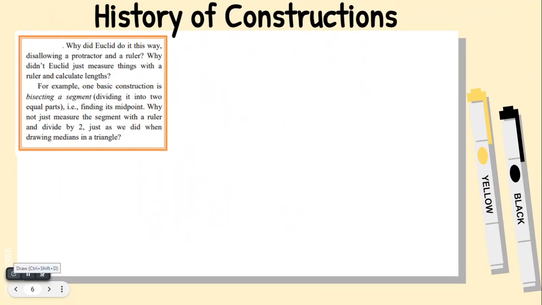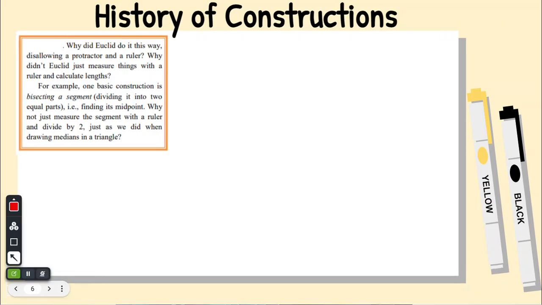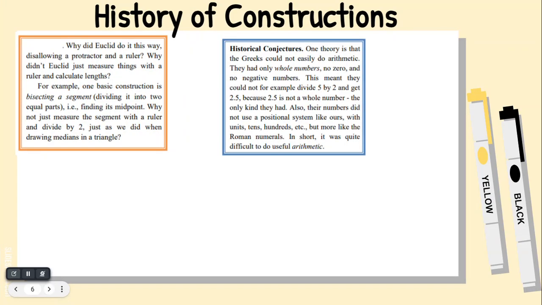So why did Euclid do it this way, not allowing us to use a protractor or a ruler? Why didn't he just measure things with a ruler and calculate lengths? For example, one basic construction is bisecting a segment, when we find its midpoint. Why not just measure the segment with a ruler and divide by 2? One theory is that they could not easily do arithmetic.